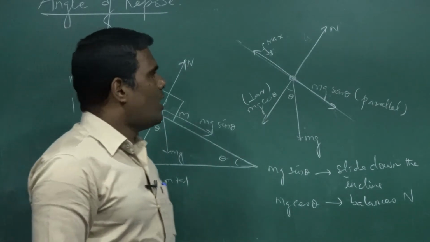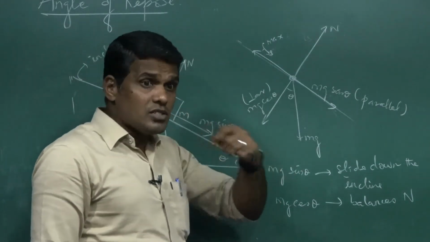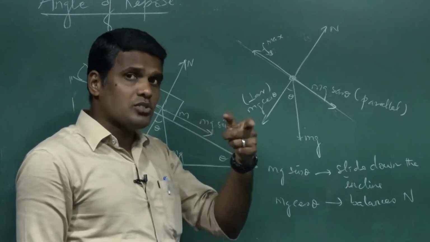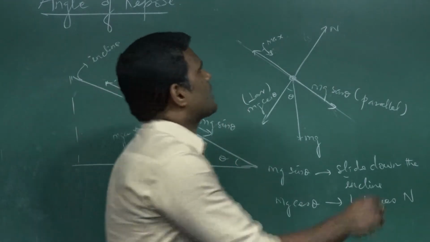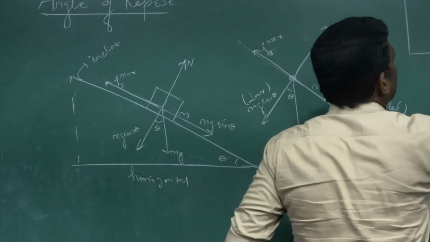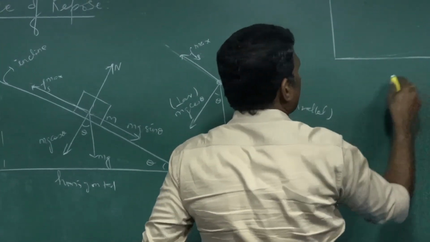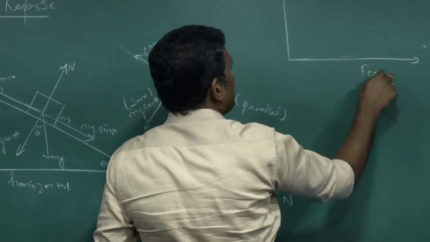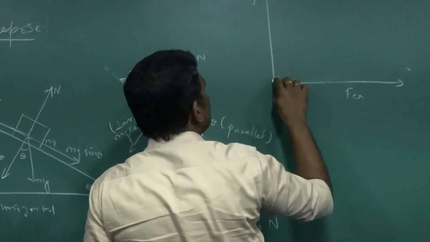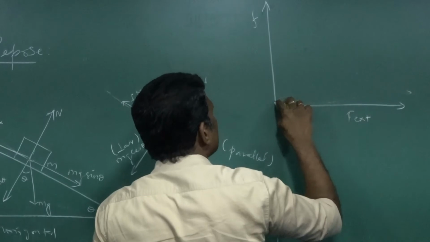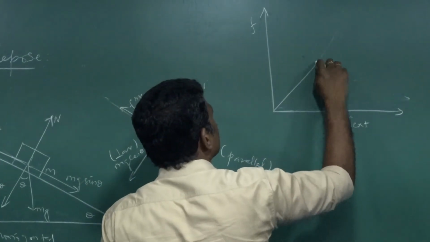When the object begins to slide, you might have seen in the graph between the external force applied over the body of mass m and the frictional force F, as the external force increases, the frictional force also increases.